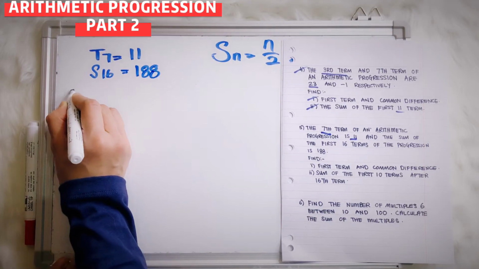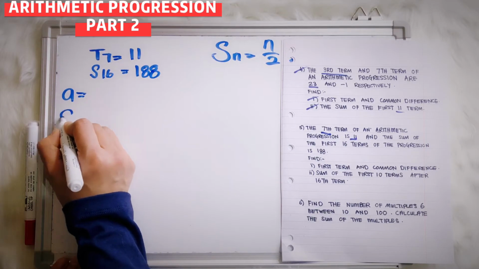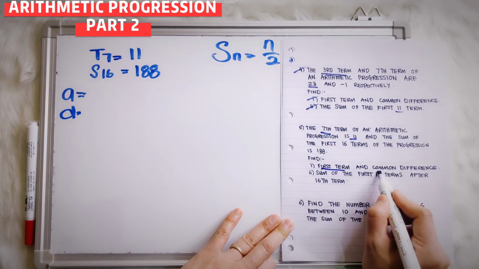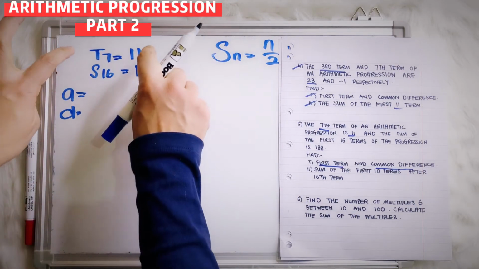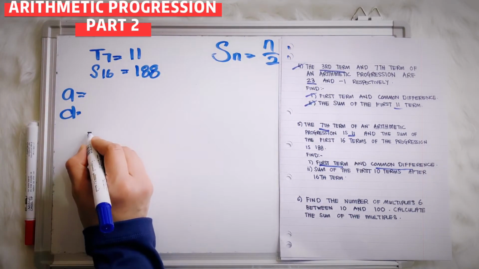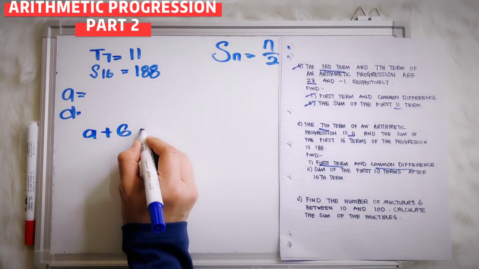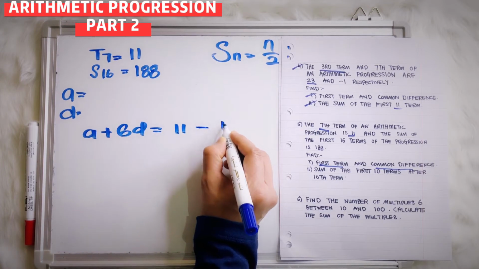You have to find what is your A and what is your D, the first term and common difference. So now open up these two equations first. The first one we have is A plus (7 minus 1), 6D equals 11. So this is our first equation.